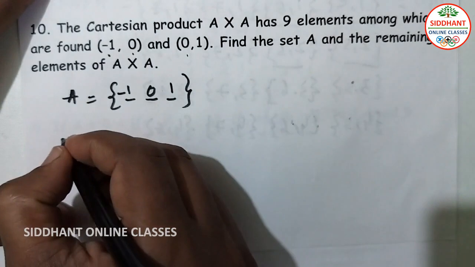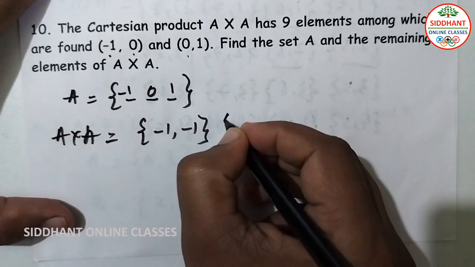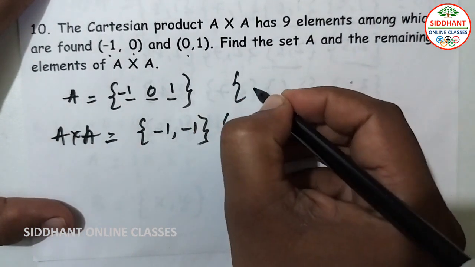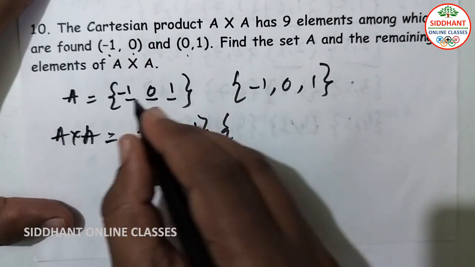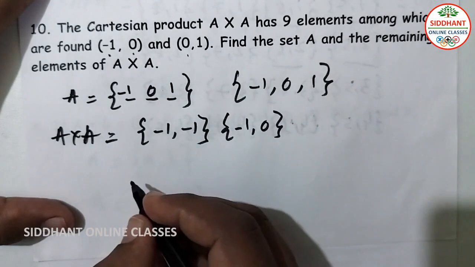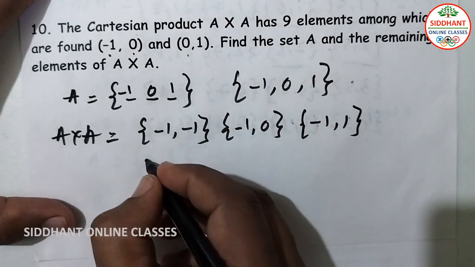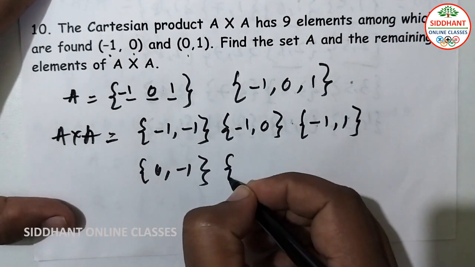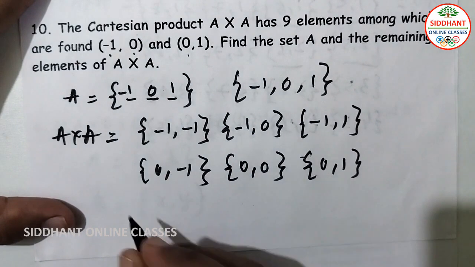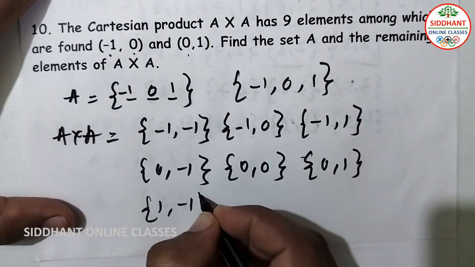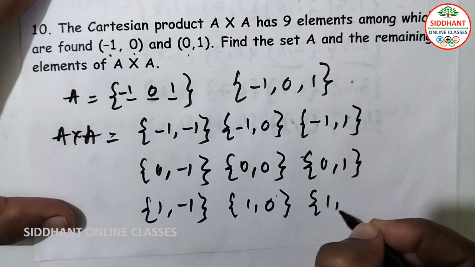So this will be A set elements here. And A cross A, when you are going to see, then elements will be -1 -1, next -1 0, next -1 1, next 0 -1, next 0 0, next 0 1, next 1 -1, next 1 0, next 1 1 here.